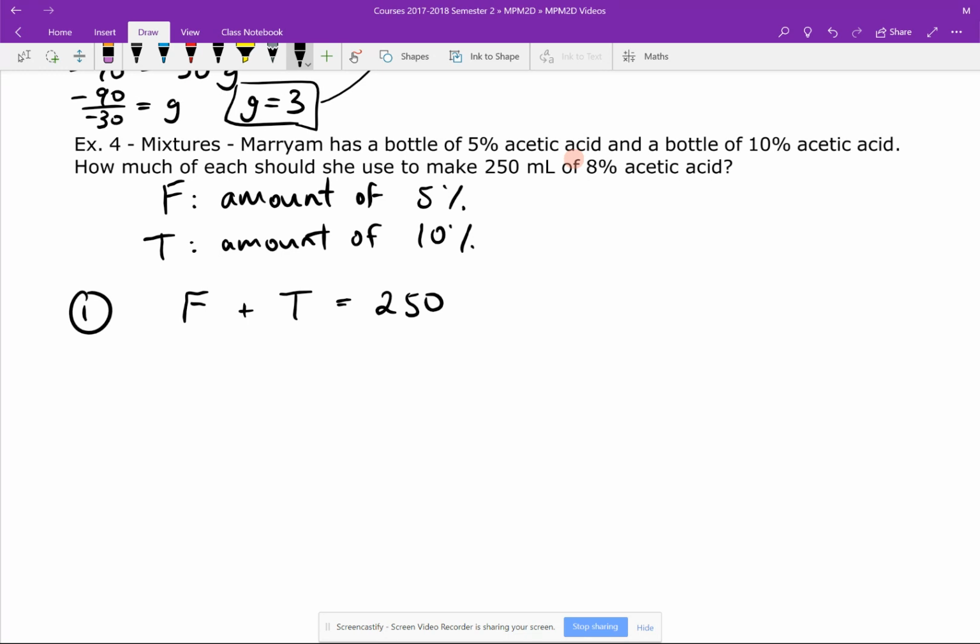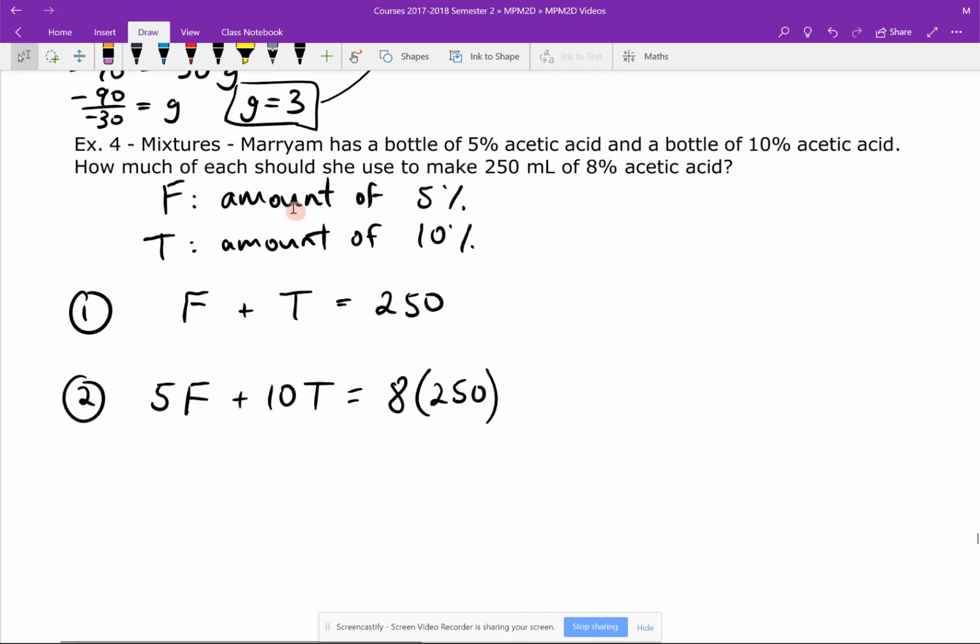The second equation comes from the actual concentrations themselves. So 5% of my F amount plus 10% of my T amount equals 8% of my 250 milliliters. This is probably the most confusing part: how do I come up with this equation? 5% of the amount in the bottle, so F is that amount.